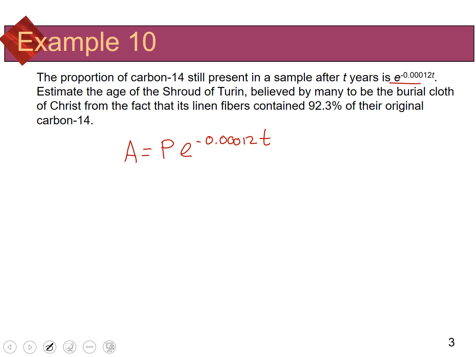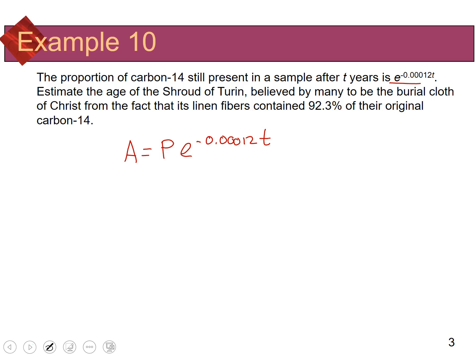So the linen, same thing. We know how much carbon-14 it's supposed to contain when the linen was freshly made, because it should be close to whatever the plants used to make the fabric had whenever they were newly harvested.